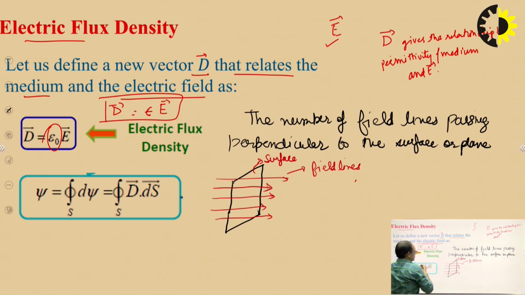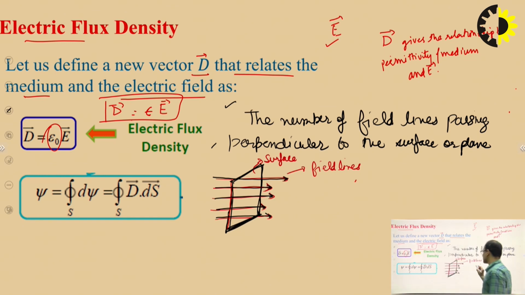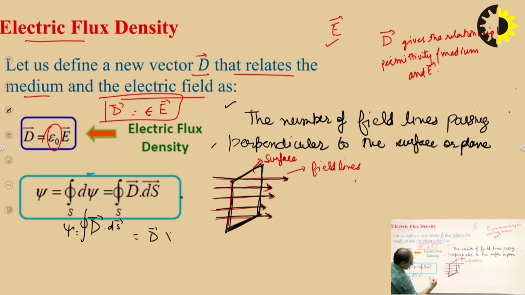Now if I say this is a surface, and a number of field lines are passing through it, the number of field lines passing perpendicular to the surface defines the net outward flux from this surface, and that is given by D dot ds, or integration, or you can also say D multiplied by area.